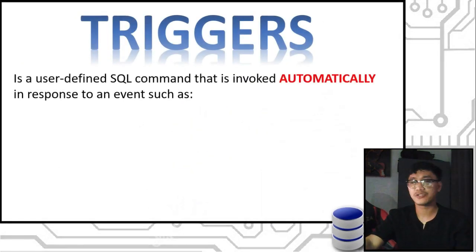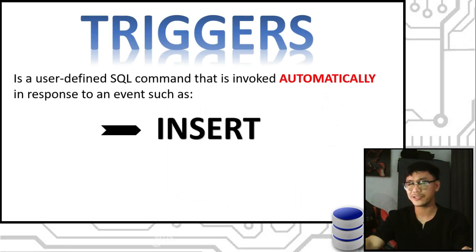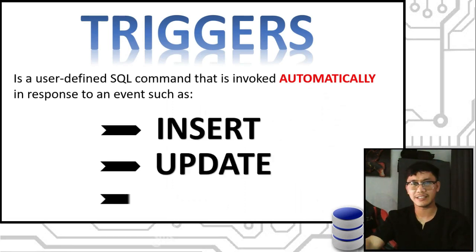First, the triggers. What are MySQL triggers, also known as SQL triggers? A SQL trigger, by definition, is a user-defined SQL command that is invoked automatically in response to an event such as insert, update, or delete.